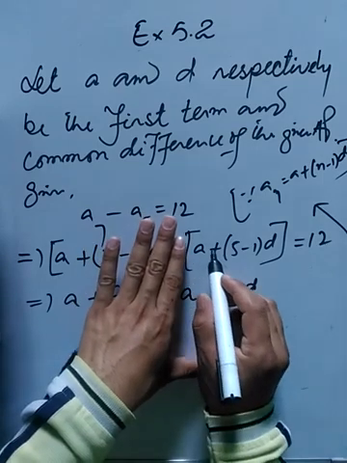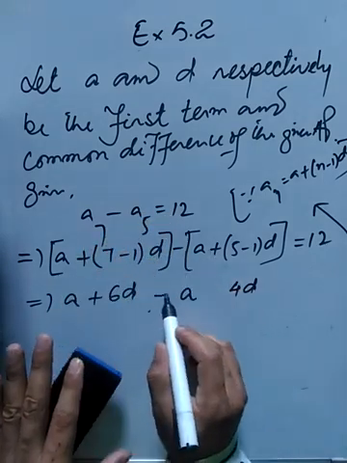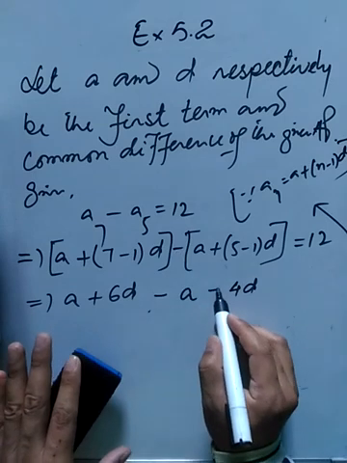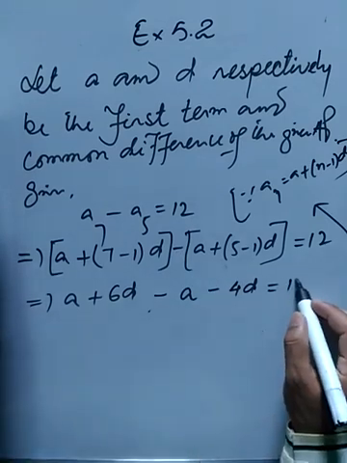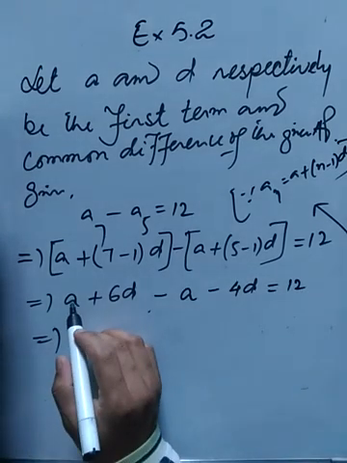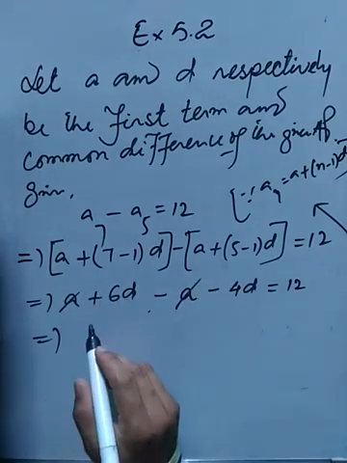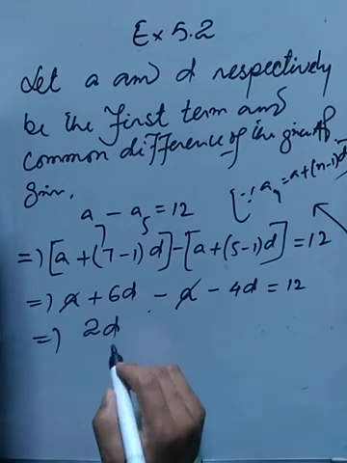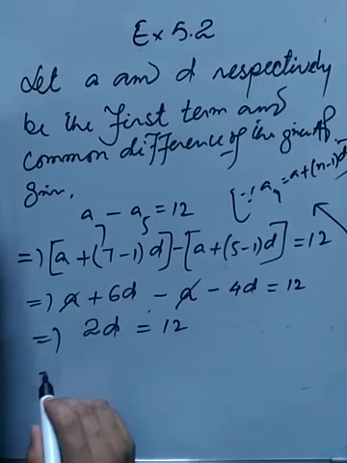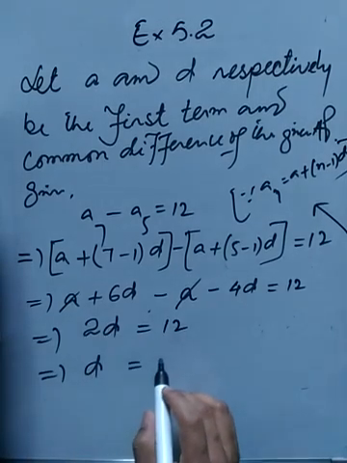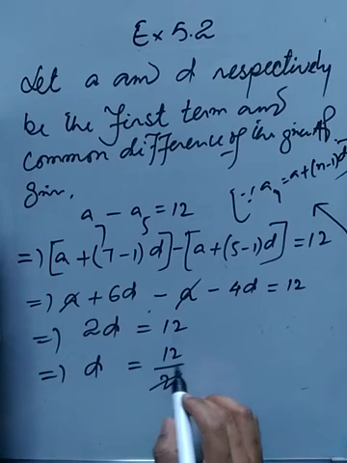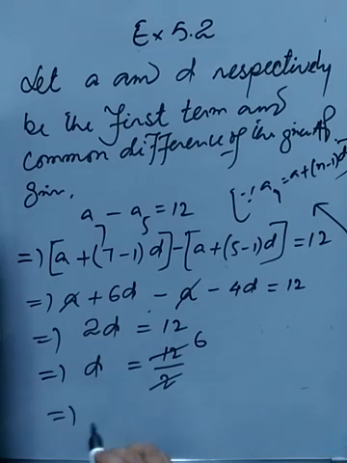Actually this is plus, this also plus, minus into plus is minus, so you'll get it in this way. And here a and minus a we can cancel, so 6d minus 4d will be 2d, then here 12, so d will be 12 divided by 2, so it's 6. So the value of d is 6. Now we know the common difference.